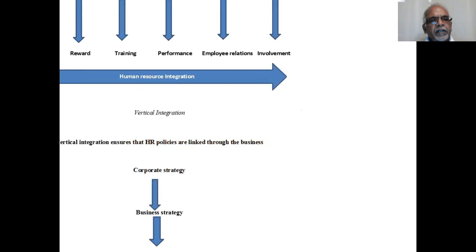You will see the different HR activities and processes which are mentioned at the top in the diagram, and the arrow indicates that all these activities and processes should be integrated. That is, they should be considered in a coherent and integrated manner. This is what we call the horizontal integration of HR functions and processes.